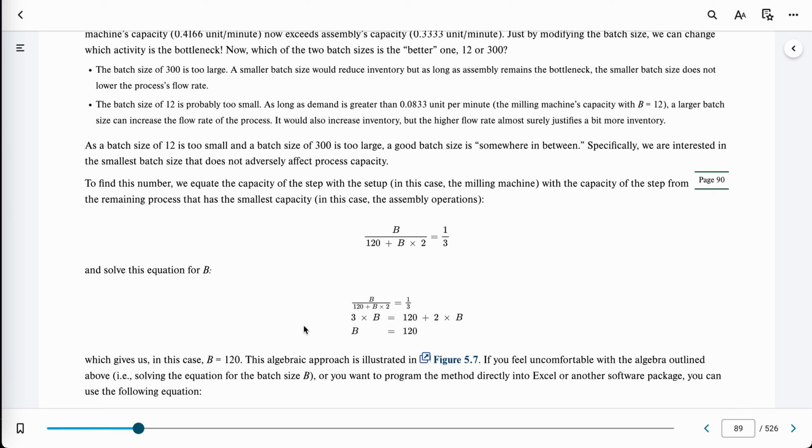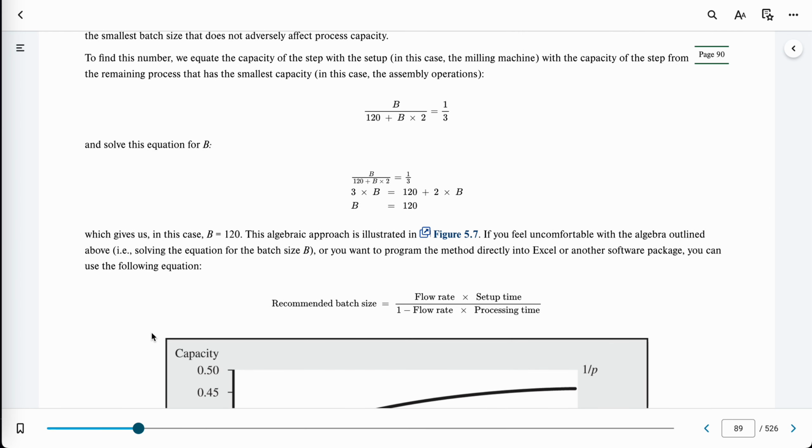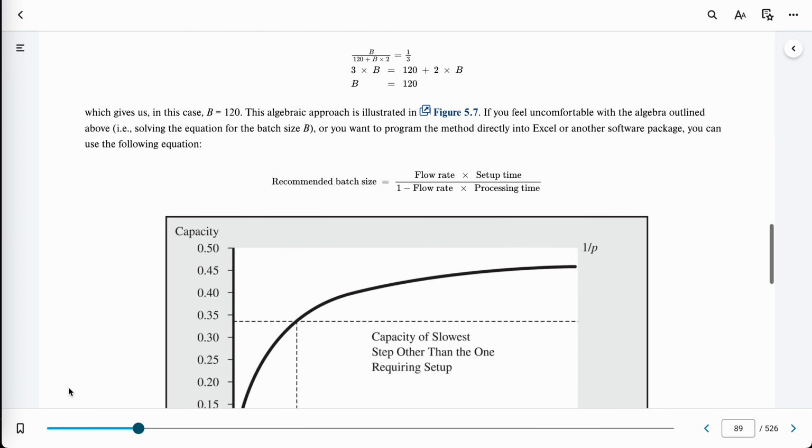So you produce 120 steer supports, then you switch over to the ribs. We produce 120 ribs, then you switch over to the machine, and you do this. If you keep doing this continuously, then you'll have the exact matching of the assembly process with the manufacturing process. It's a simple enough calculation, nothing too complicated.